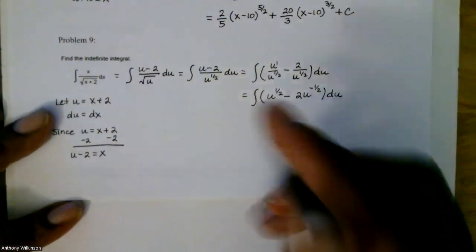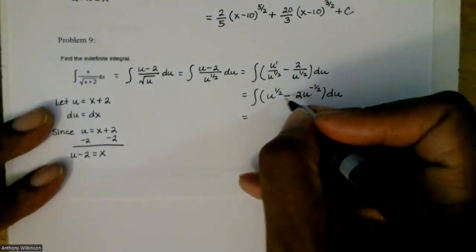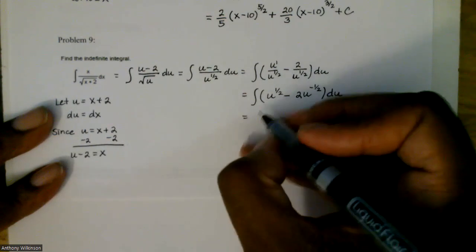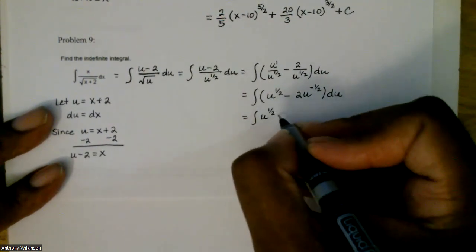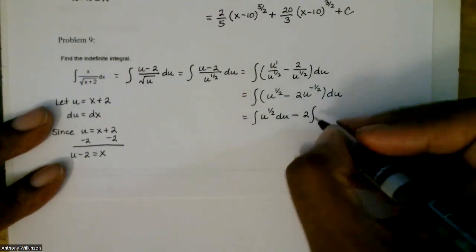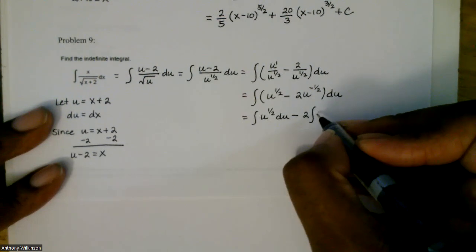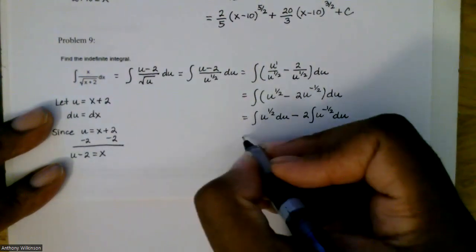And I'll go ahead and add in this extra step here by writing the integral of the difference as the difference of the individual integrals. So it'll be the integral of u to the 1/2 du minus, and I'll pull the 2 out in front of the integral sign. So it'll be 2 times the integral of u to the negative 1/2 du.